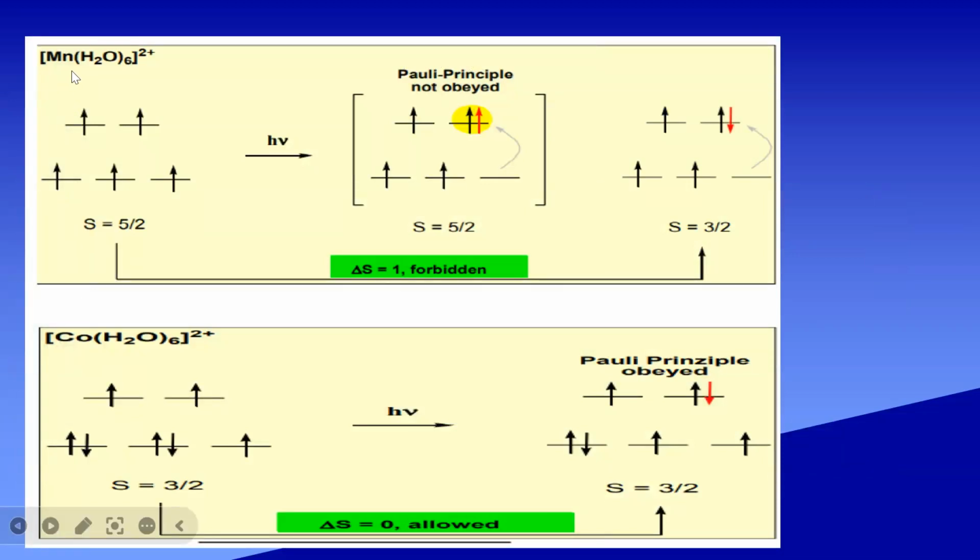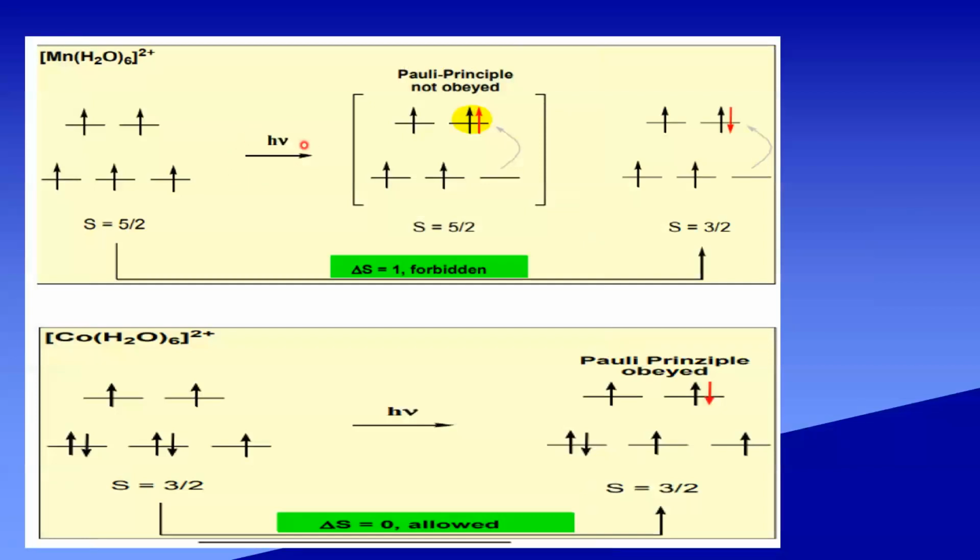The first one is Mn(H2O)6 2+. H2O is a weak ligand. Mn in plus 2 oxidation state has a d5 configuration. In this d5 configuration, all the 5 electrons are present in the 5d orbitals. The S value is 5/2.